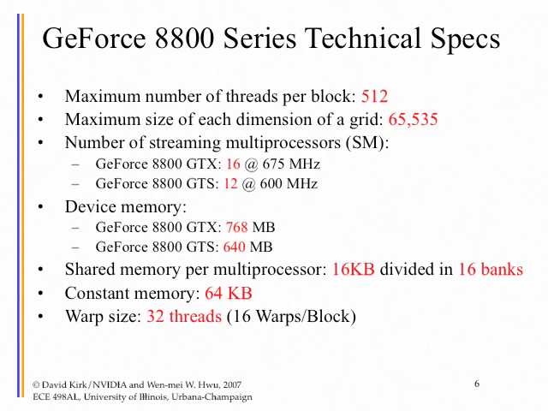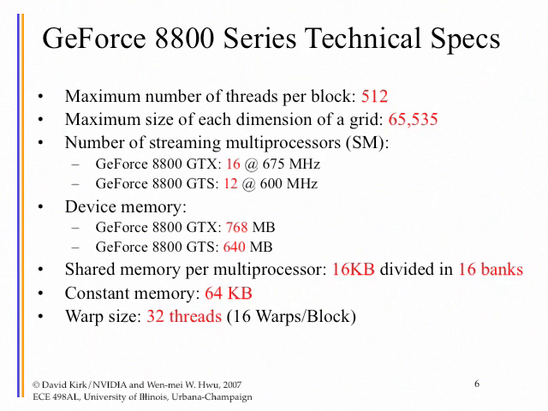Now, there are only 12 of those in GTS. They execute exactly the same code. Okay, you don't need to generate code differently for GTX and GTS, precisely because of the reason I just talked about. You will be generating lots and lots of blocks. GTX will be able to handle more of those, will be eating up those blocks faster than GTS, but they eat the same total number of blocks, right?